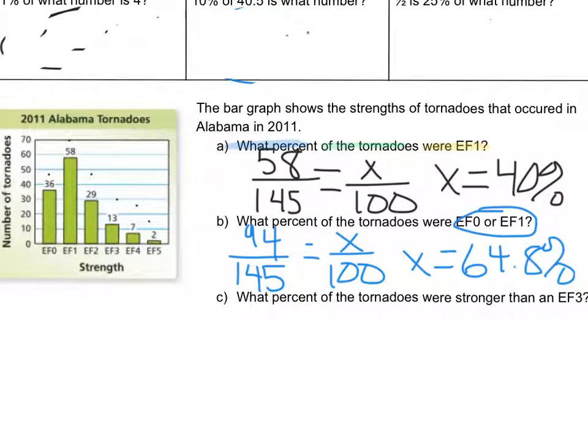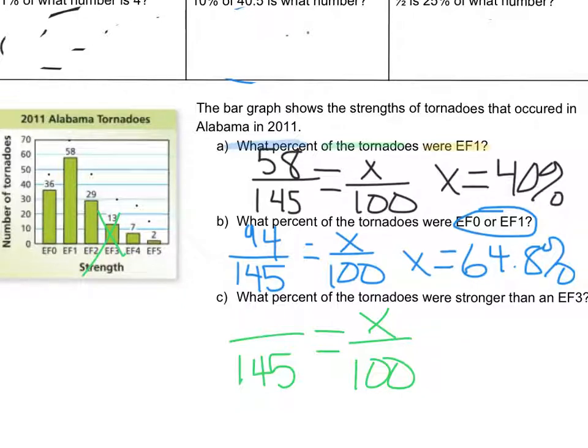Okay, the last question on this page, what percent of the tornadoes were stronger than an EF3? So it's similar to what we did in the last one. We're going to keep the 145 at the bottom, and what percent? And then we need to figure out the ones that were stronger than an EF3. So that would not include the EF3.